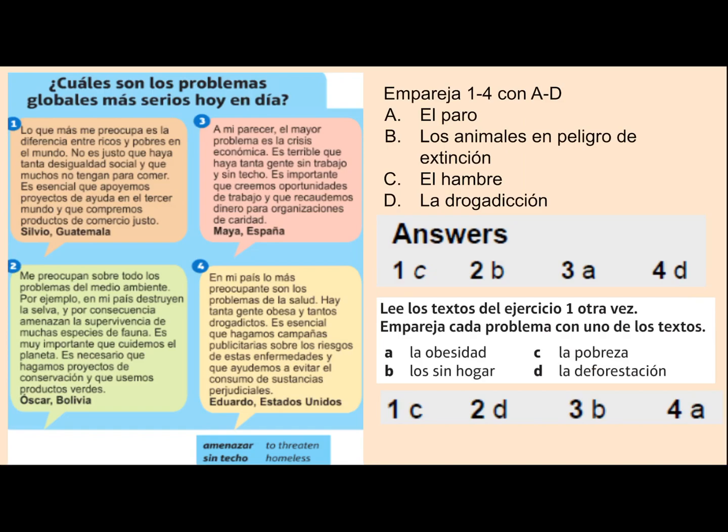And there's words in there such as la selva, the forest. You've got especies, species, conservación, conservation. So that's quite useful there. C is perdona, 3, number 3 goes with A, el perro, and 4 goes with D.